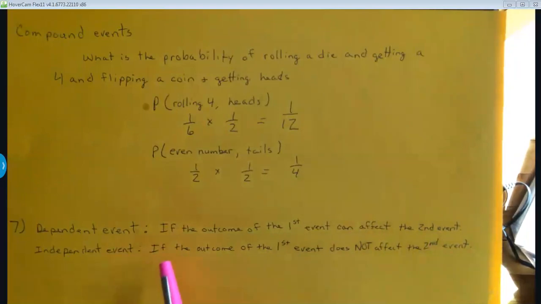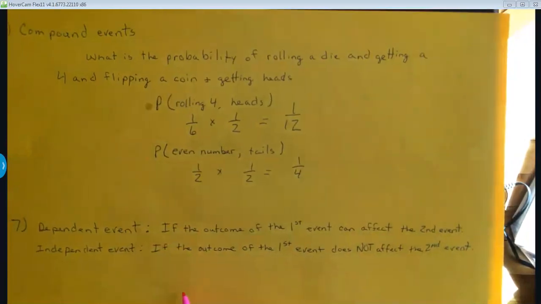An independent event is when the outcome in the first event does not affect the second event. So if I'm drawing cards and then I replace that card back into it, it's not going to have an effect on the second one.